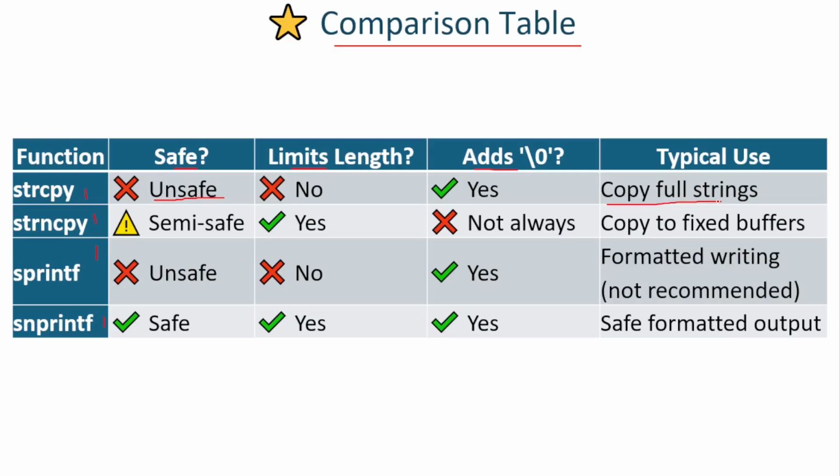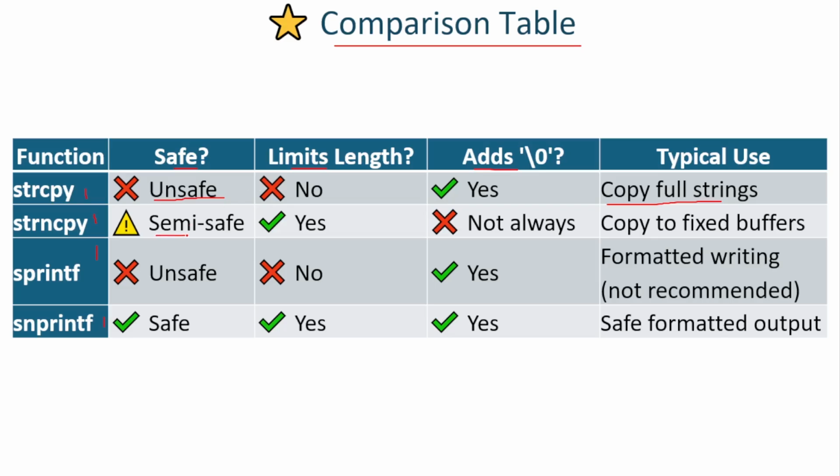If the source string is larger than the target buffer, it will overflow, which can easily lead to crashes. It always adds the terminating null, but because it has no length limit, it's not recommended for professional or secure code.